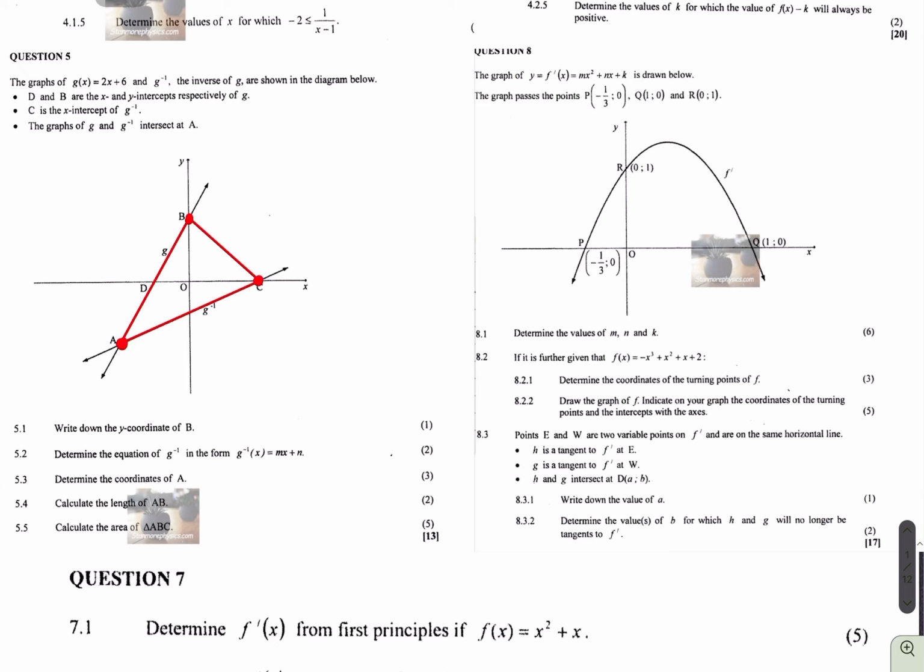I want you guys to see something here, that P is the x-intercept, and also Q is an x-intercept, and R is the y-intercept. They say to determine the values of m, n, and k. You are given the intercepts.